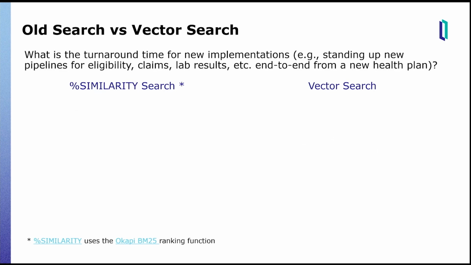So next, I'll be showing a side-by-side comparison of the top search results obtained from our old search method and from vector search. The example query here is: what is the turnaround time for new implementations, such as standing up new pipelines for eligibility, claims, lab results, et cetera, end-to-end from a new health plan? Our old search method relied on the %similarity SQL function.